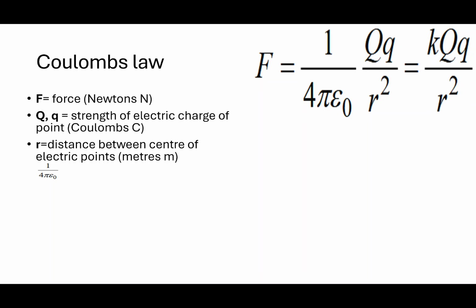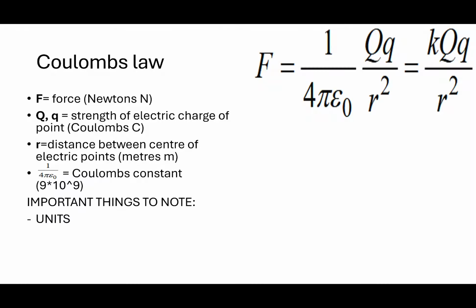They are different. Big Q is one point, little q is another. It really doesn't matter which one you say is which, just be consistent. R is the distance between the centers of the electric points, and this is in meters. The big 1/4 pi thingy is just a constant. It's on the formula sheet. You don't need to really know what that is.